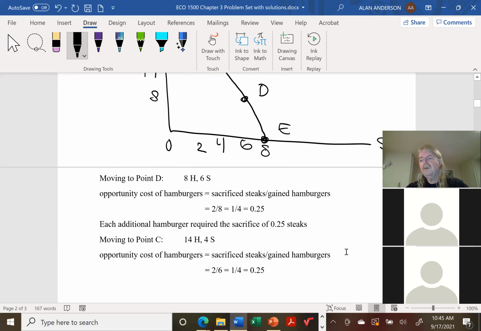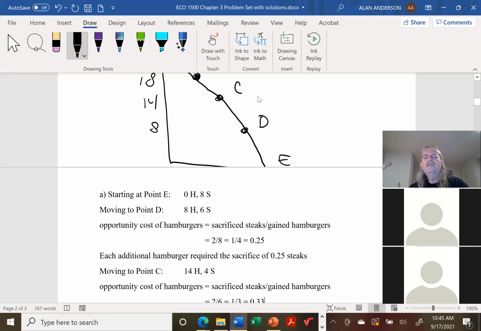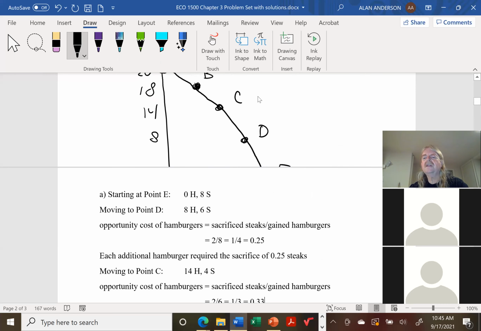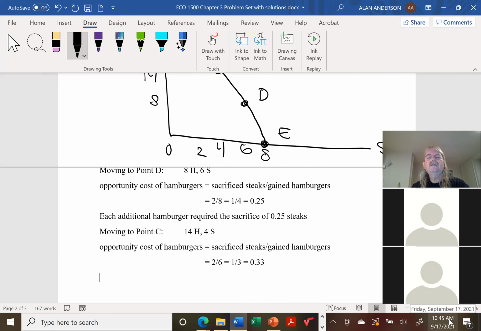So this time when I sacrificed 2 steaks, I only gained 6 burgers. And so my opportunity cost is 0.33, which is higher than 0.25. So as I keep going up the curve, my opportunity costs will keep getting steeper and steeper, or higher and higher.